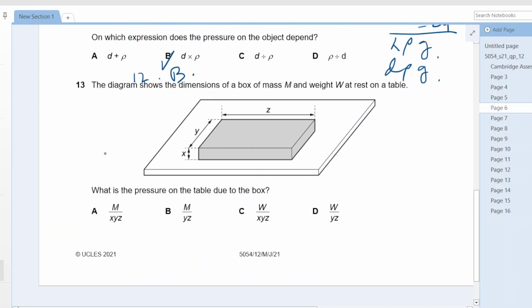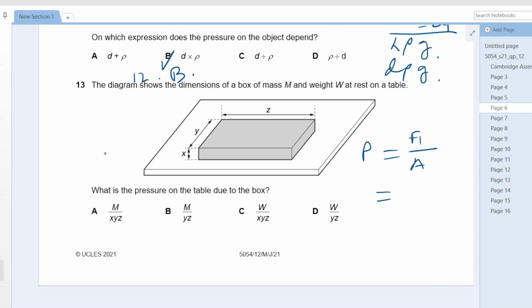At question 13, diagram shows the dimension of a box of mass M and weight W at rest on the table. What is the pressure on the table due to the box? We know pressure equals to force by area.